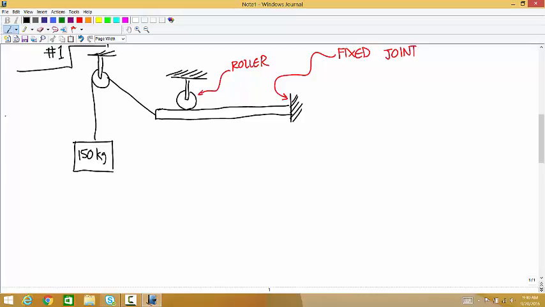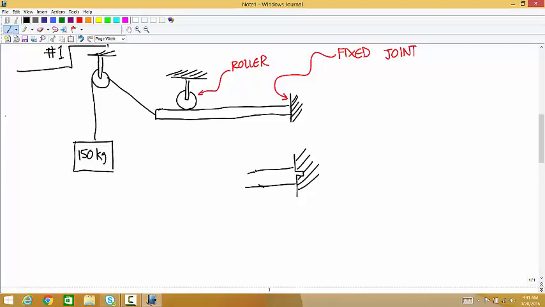Yeah, I understand the rules, but how would I assume that this is a fixed joint? That's how fixed joints can be drawn two ways. They can be drawn like that, or they can be drawn like that. Oh, okay. So anytime you see that, it's a fixed joint. And the roller would be like a circle? Yeah, right. Or it can be like a disc like that, or it can be sort of like something wearing a roller skate. You see that a lot too. Two possibilities.